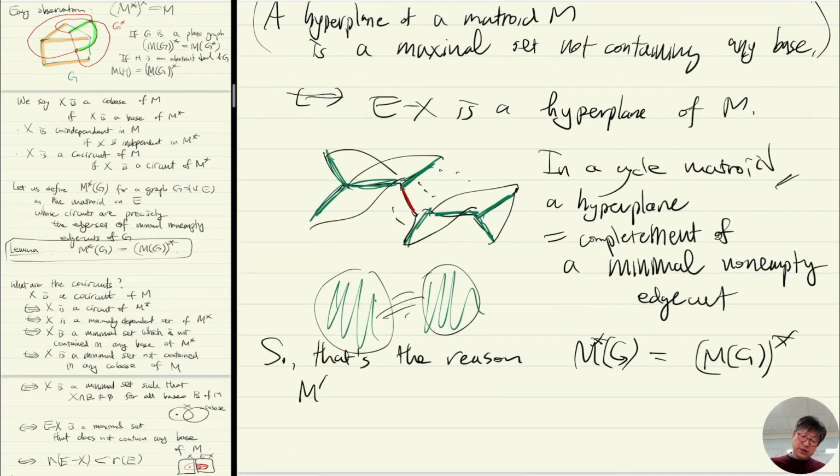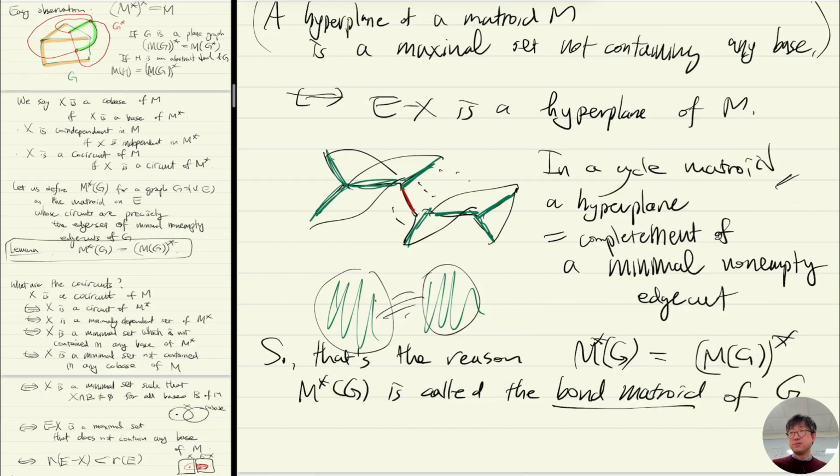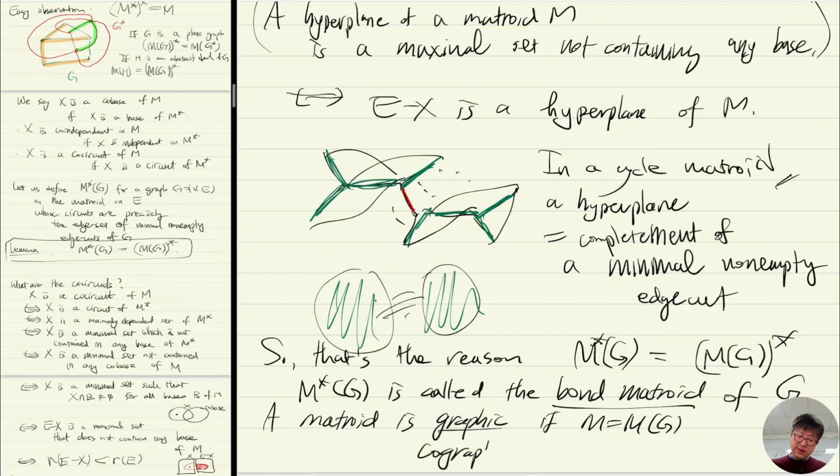This matroid is called the bond matroid of G. Okay, and we usually say a matroid is graphic if it is a cycle matroid, and co-graphic if it is a bond matroid.